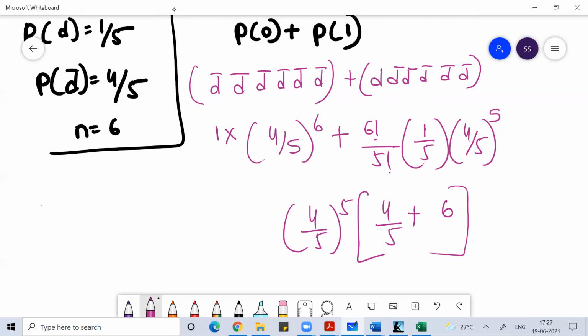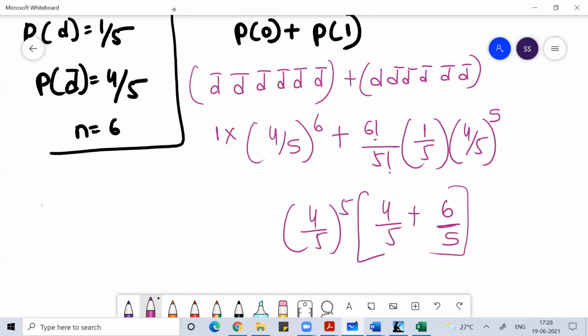Then 4 by 5 plus 6 by 5, because 4 to the power 5 in the numerator into 6, and then 5 to the power 6 in the denominator.